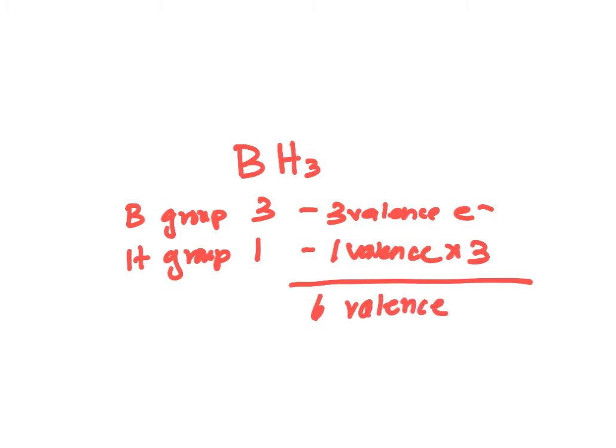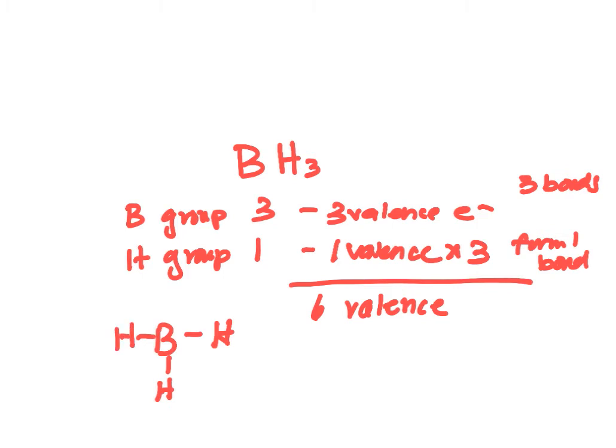Boron can form 3 bonds. Hydrogen can only form 1 bond. So we have boron as the central atom. We add our single bonds to connect the skeleton. If we count our electrons, we'll see that we have 2, 4, 6.